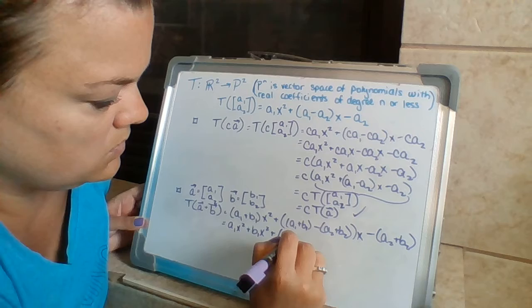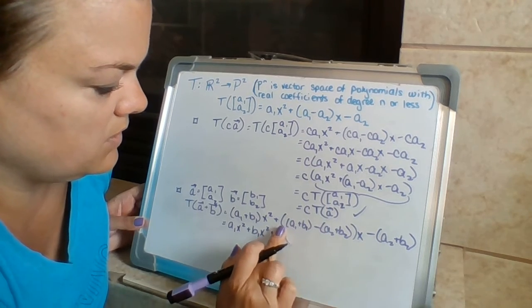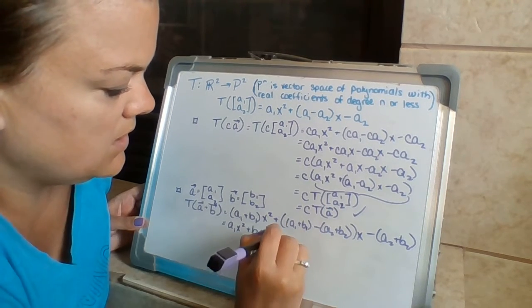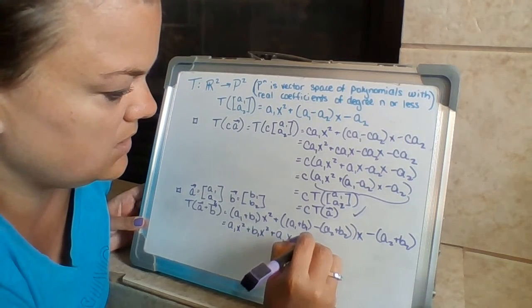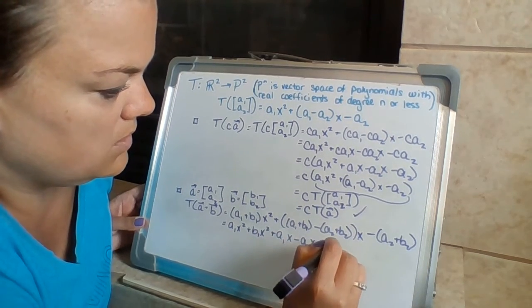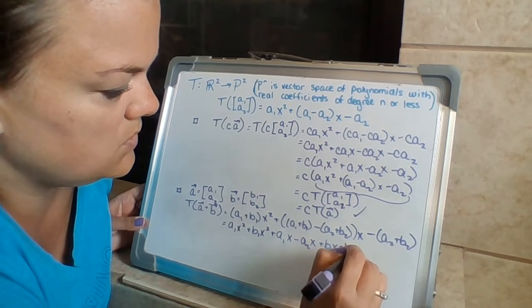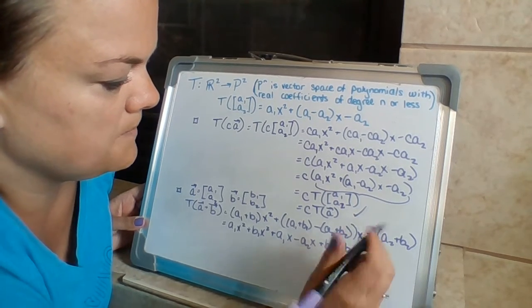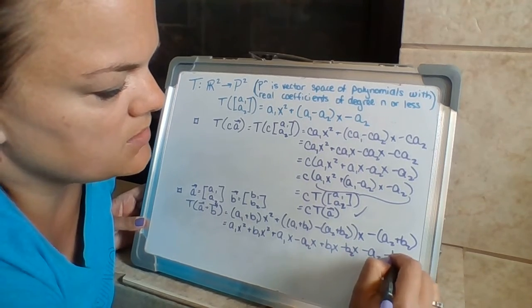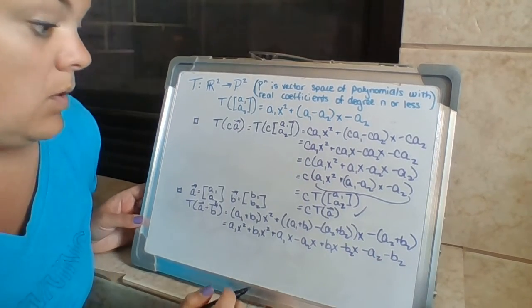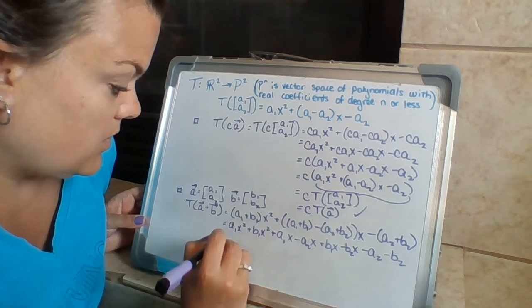When I multiply everything out, I have a1 x squared plus b1 x squared, a1 x minus a2 x, b1 x minus b2 x, and minus a2 minus b2. Rearrange, put all the a's together, put all the b's together.